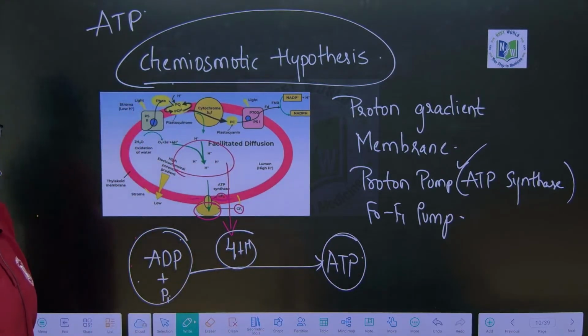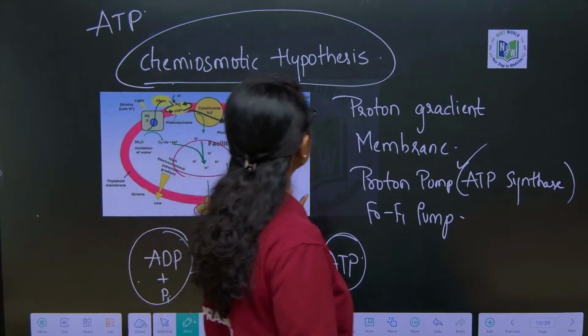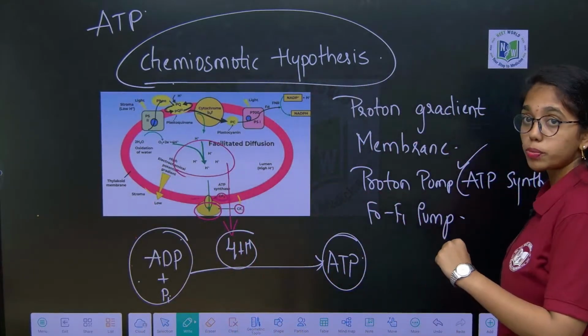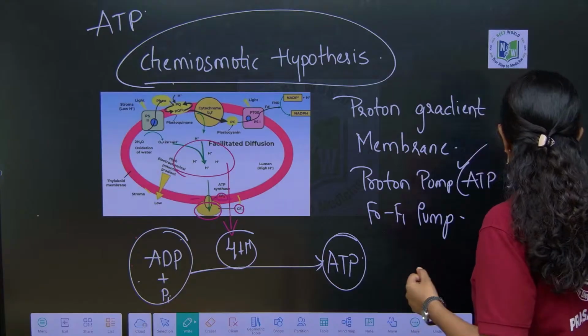This leads to the formation of what? ATP. So this is what you have to remember with respect to the chemiosmotic hypothesis, which is given by Peter Mitchell.